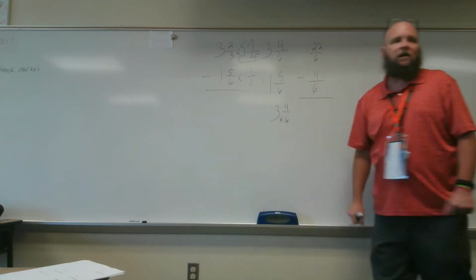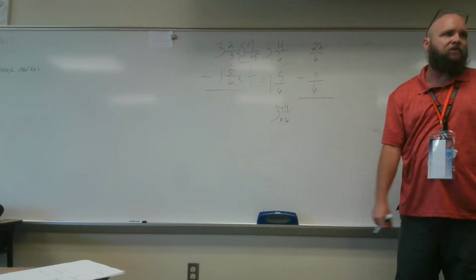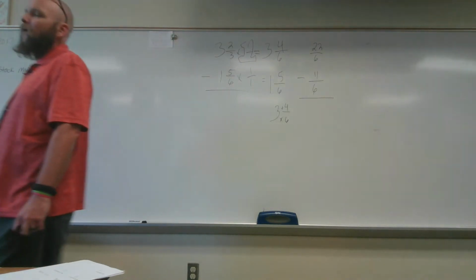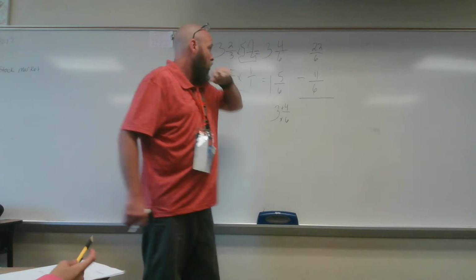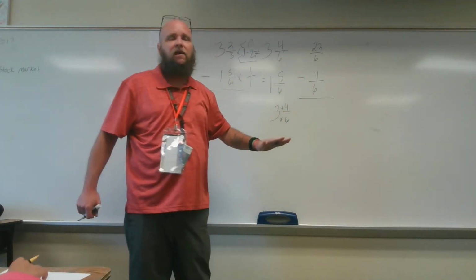Denominator times the whole number, 18, plus the numerator gives us 22. Hope you're following along because many of you missed this problem. So we have 22/6 and 11/6.